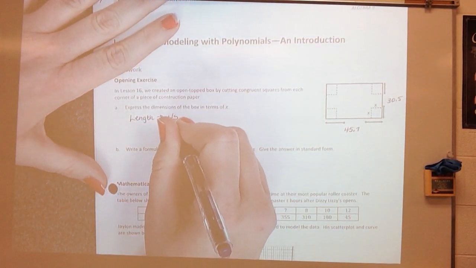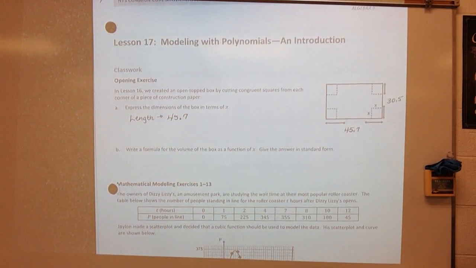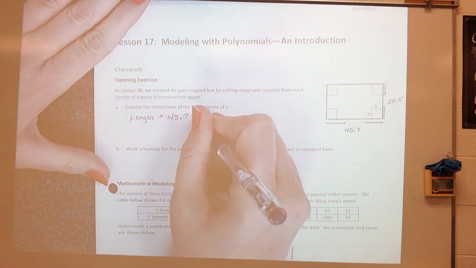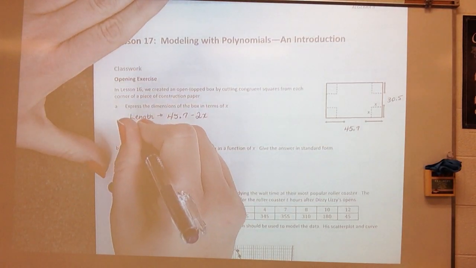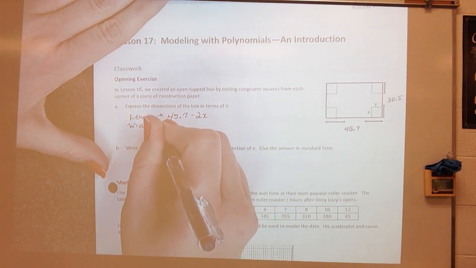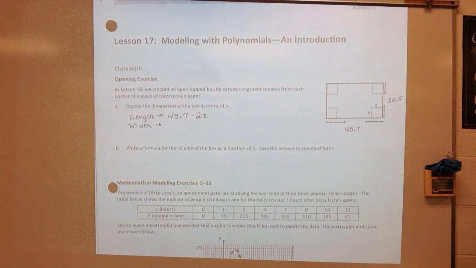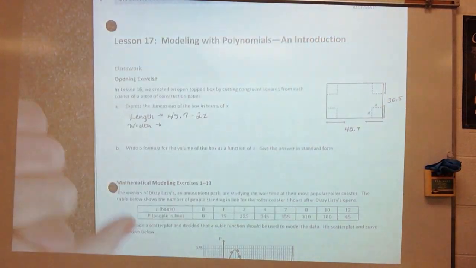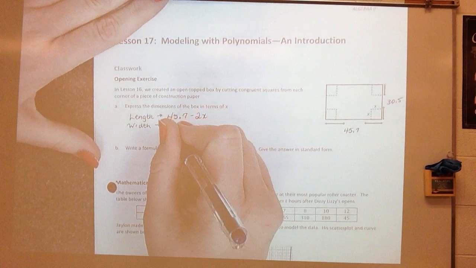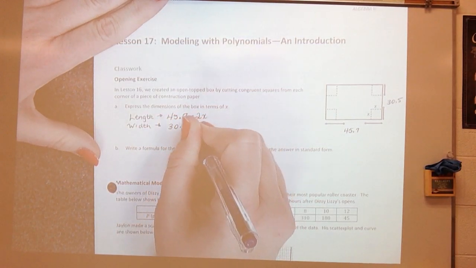So I would say our length would be 45 7/10 minus 2x. Looking at our width, our width is 30 1/2, alright? But I'm taking out x amount here and x amount here, so I would represent that by saying 30 1/2 minus 2x.